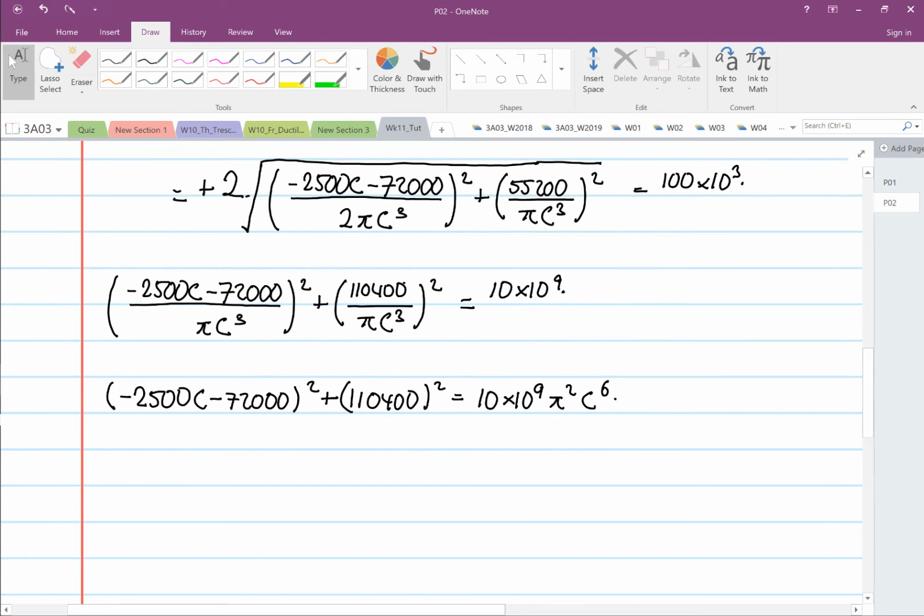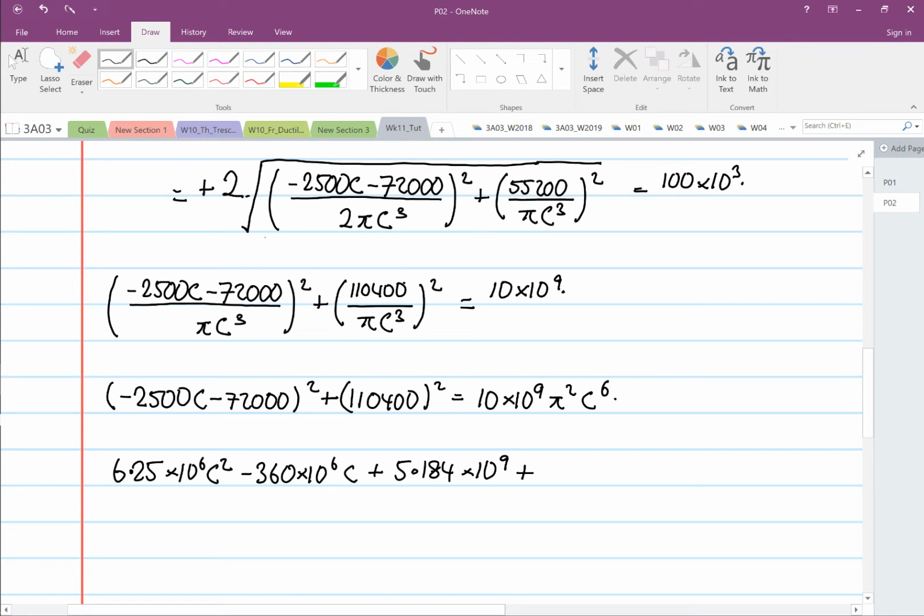So this will get 6.25 times 10 to the power 6 c squared minus 360 times 10 to the power 6 c plus 5.184 times 10 to the power 9.